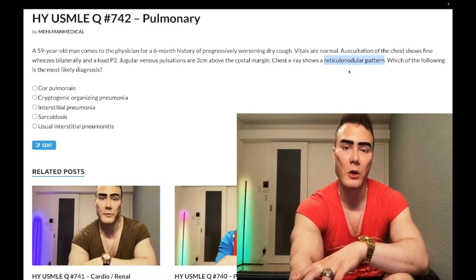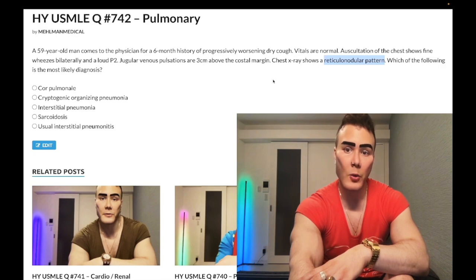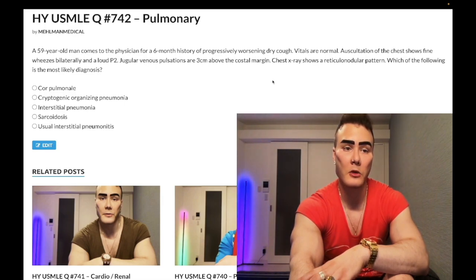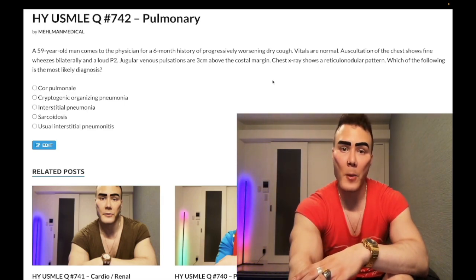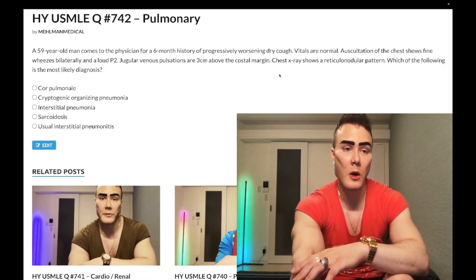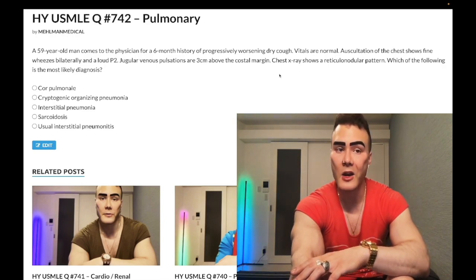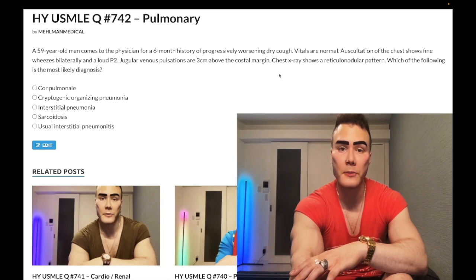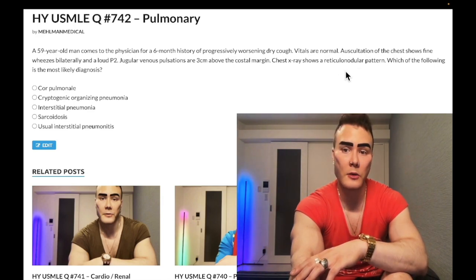I said it's a medium difficulty question, but this descriptor, a reticular or reticulonodular pattern on chest x-ray, means honeycombing, which means pulmonary fibrosis. Don't confuse with reticulogranular, which can be seen in NRDS in premature neonates. But reticulonodular, or just reticular, is going to be honeycombing for pulmonary fibrosis.